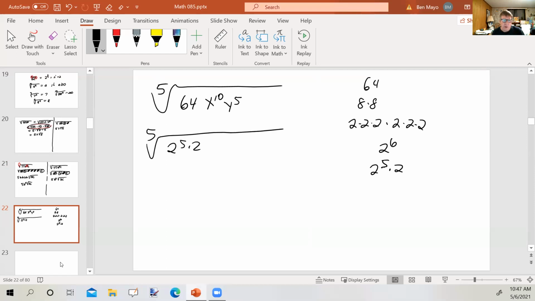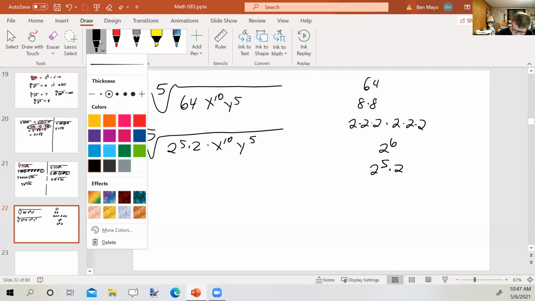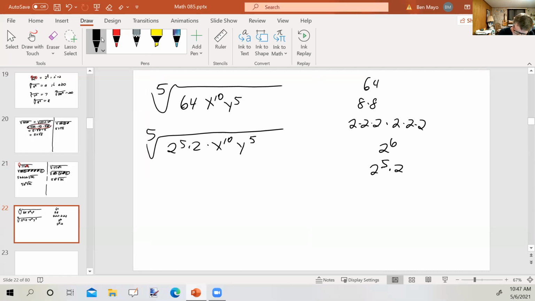So the 5th root of 2 to the 5th, the index and the exponent are going to reduce down to a 1, and I'm going to take a 2 and put it outside. Now, x to the 10th, 10 is a multiple of the index, y to the 5th, 5 is a multiple of the index. So what happens? The 5th root of 2 to the 5th is 2 outside.